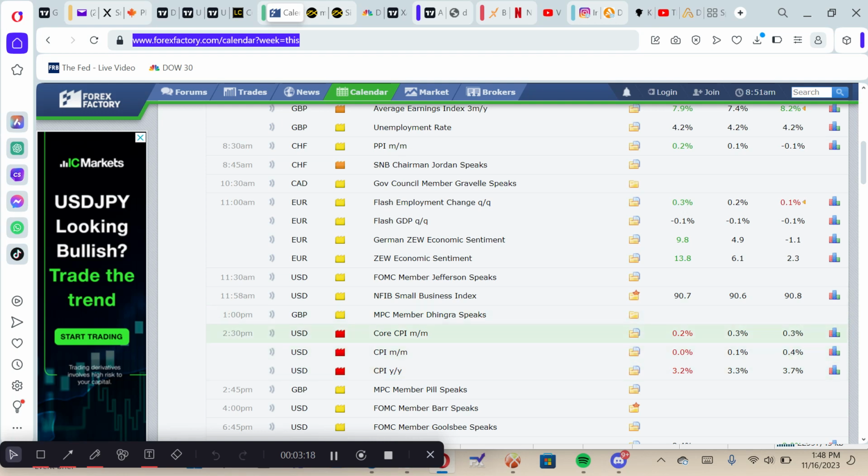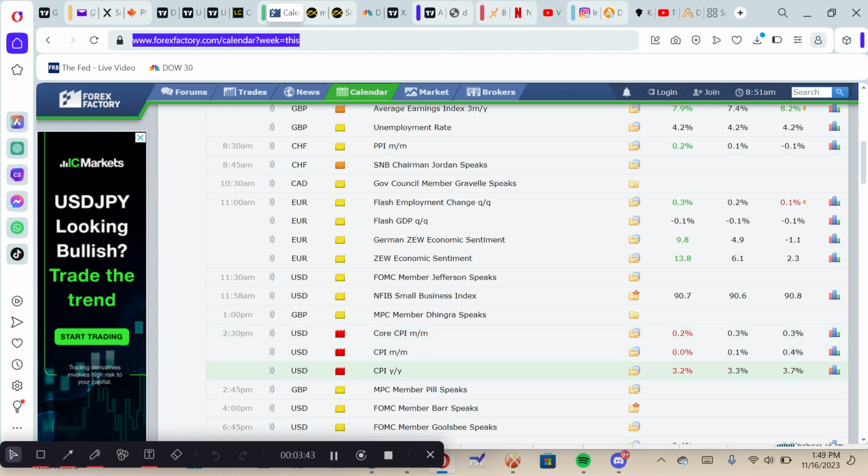Now, this is the past result of this type of CPI news. This is the past, and this is the forecast. Most of the time, this one is not always there until maybe it's only during news that this one always comes out.